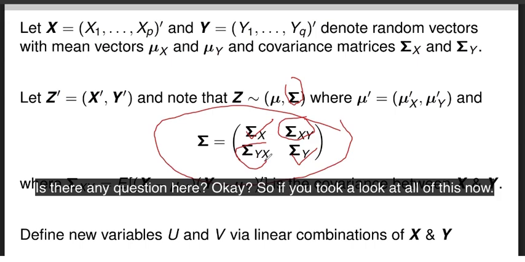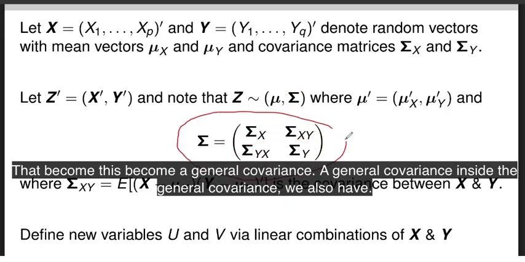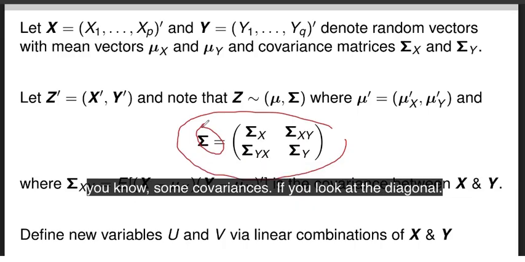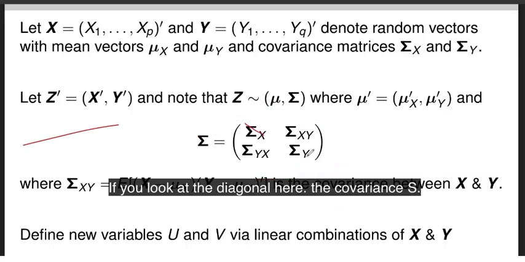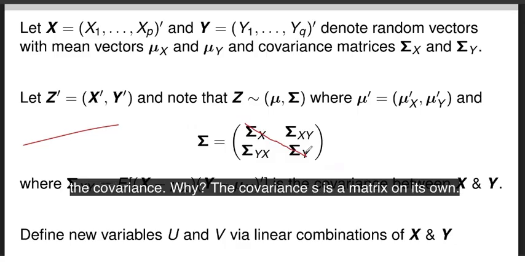Is there any question here? Okay, so if you take a look at all of this now, this becomes a general covariance. Inside the general covariance, we also have some covariances. If you look at the diagonal here, the covariance of x and the covariance of y.